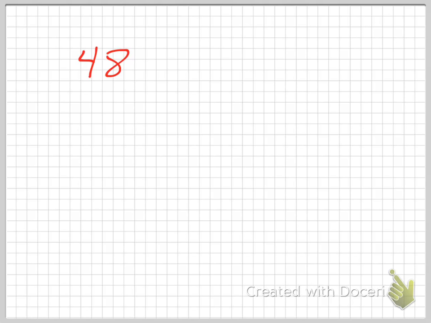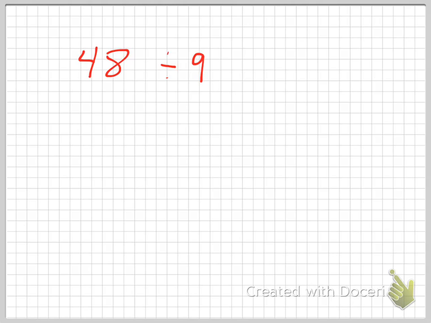What if I was going to be dividing this number by 9? Is 50 the best choice to divide by 9? No. So you wouldn't necessarily want to always make 48 into 50.